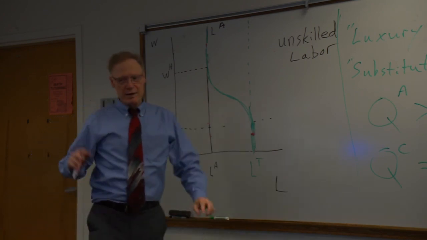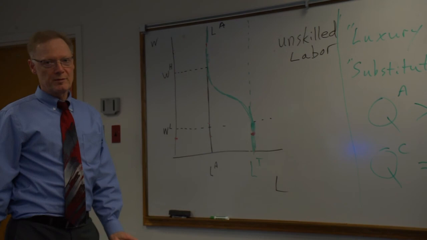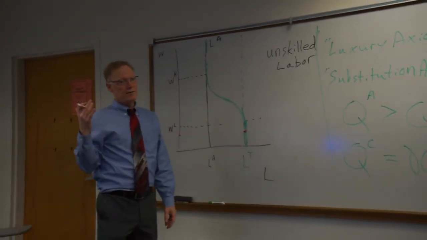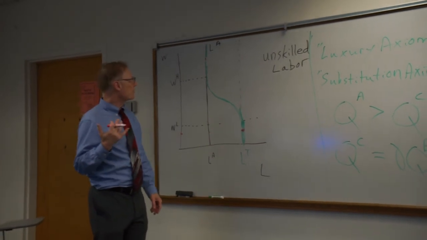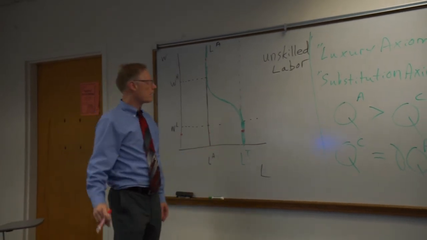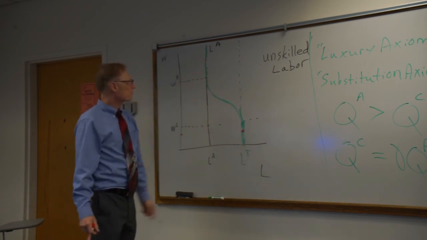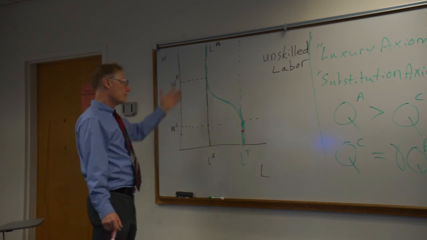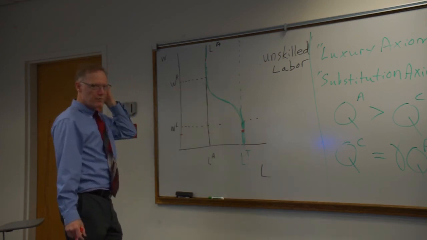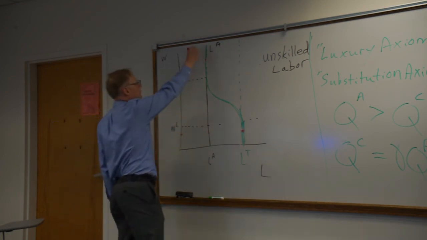Right? So I have one other case to talk to you about, and that's the multiple equilibria case. In this case, we have a demand for labor that is sufficiently inelastic so that it cuts the labor supply curve, really cuts it 3 times. One of those points will turn out to be an unstable equilibrium.